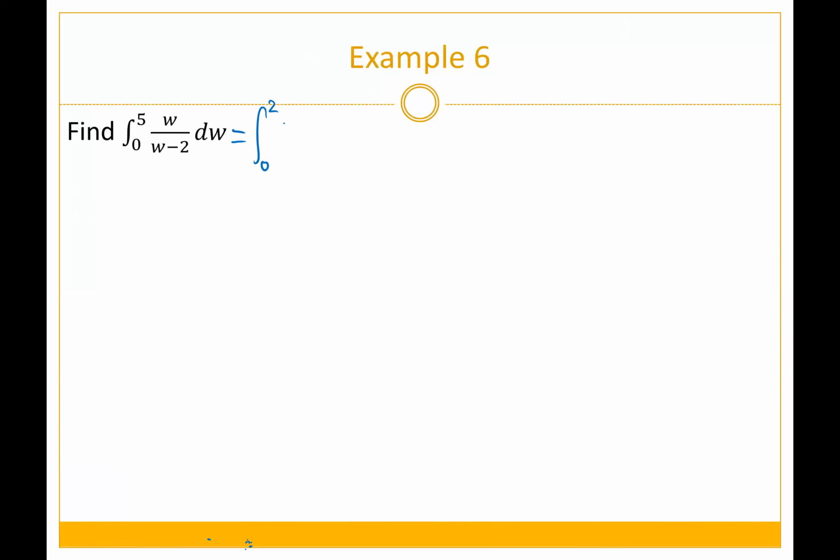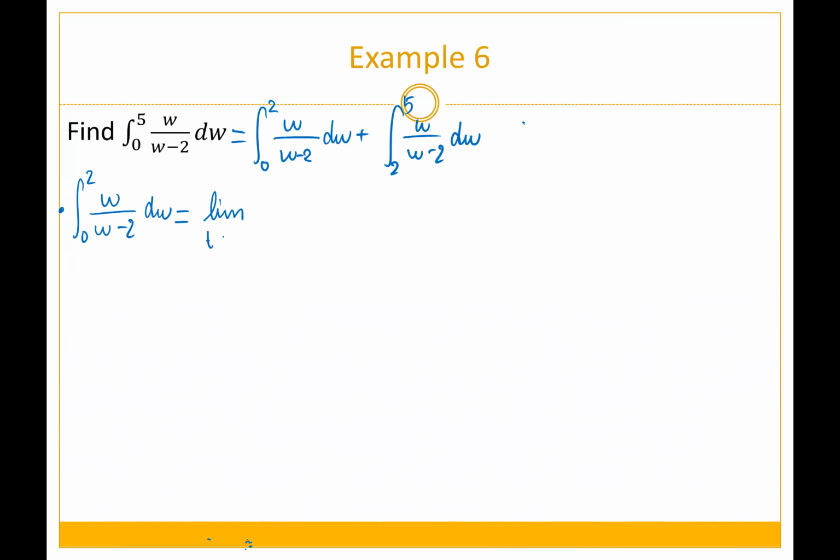So what you do is that you have the integral of w over w minus 2 dw from 0 to 2, plus from 2 to 5 of w over w minus 2 dw. Then you can rewrite it as a limit, so now find each of them individually. The one from 0 to 2 of w over w minus 2 dw is going to be the limit of t approaching 2 from the left of the integral from 0 to t of w over w minus 2 dw.